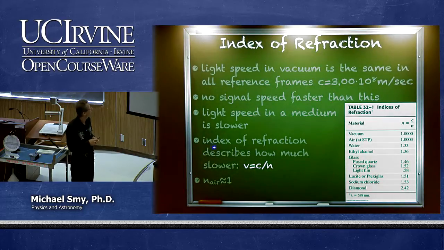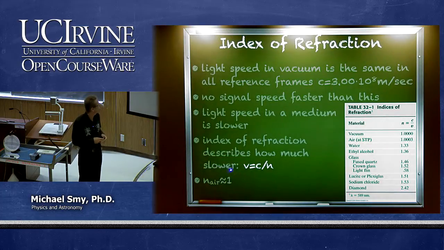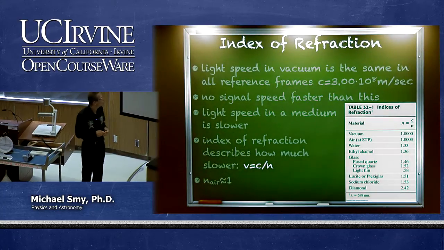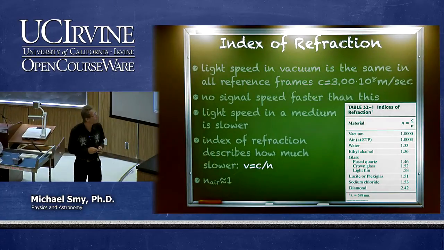And we can define an index of refraction which describes how much slower light will move. The velocity is then given as the speed of light in vacuum divided by that index of refraction. And in air, this index of refraction is very close to 1.